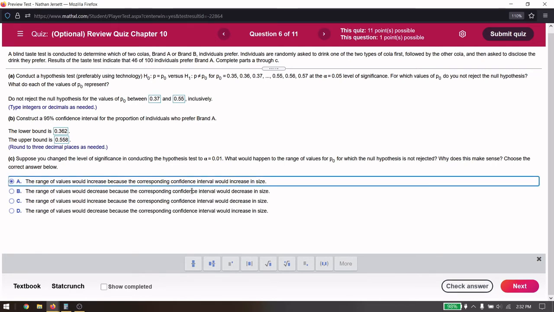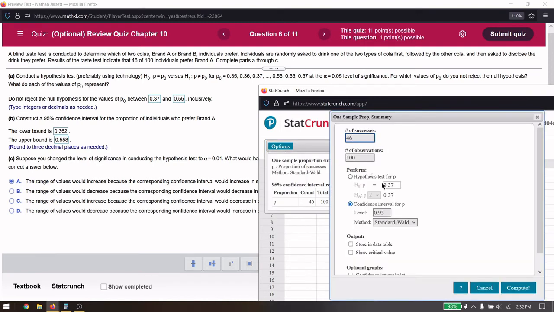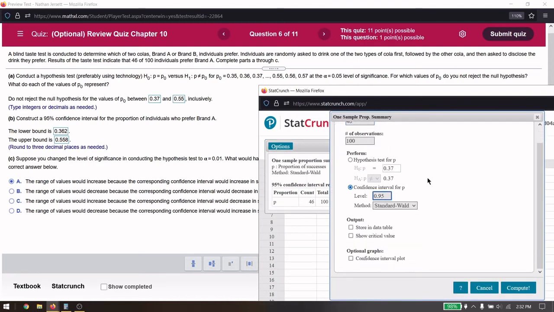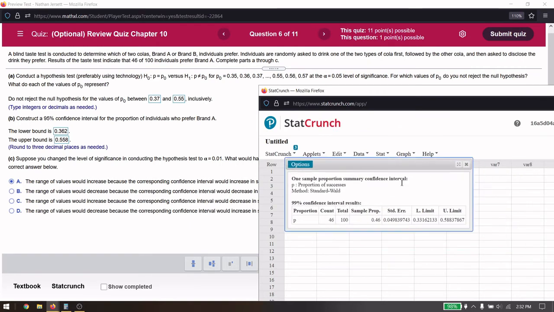That's the idea. You can also just test this. Instead of doing 0.95, we do 0.99. That's the same thing as alpha 0.01. And you see the upper limit now is 0.332. It's much smaller. In fact, it contains all of these numbers, 0.588, that contains 0.57.